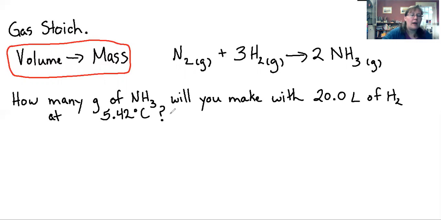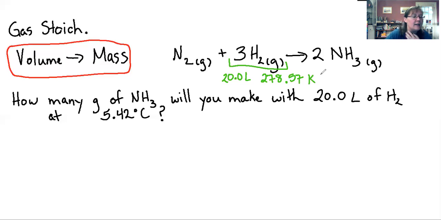Okay, so let's take a look at what we have here. First of all, we're going from volume to mass. So here I can see that I have 20 liters of my hydrogen gas. And I'm at 5.42 degrees Celsius. So I'll say 5.42 plus 273.15, and that will give me 278.57 kelvins.